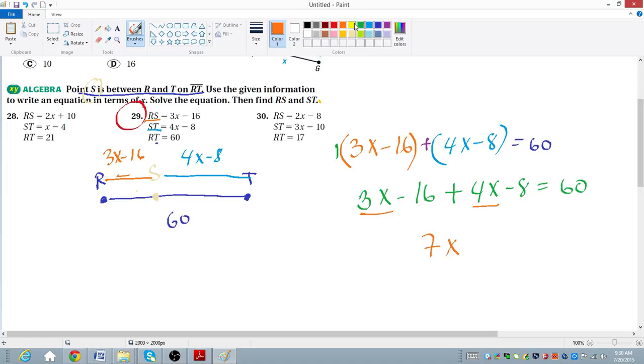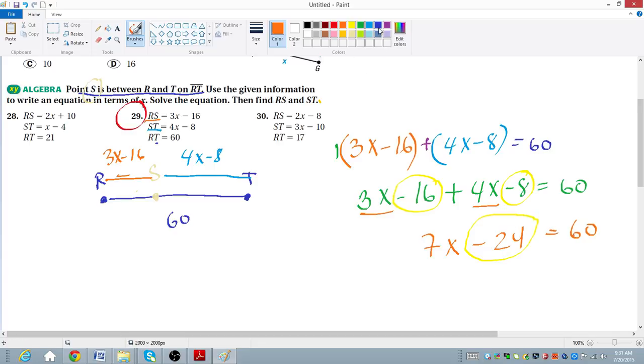And then I'm gonna combine the negative 16 and a negative 8. So that becomes a negative 24. Maybe I should color code that as well. So that's this part right here, negative 24, and then equals 60.